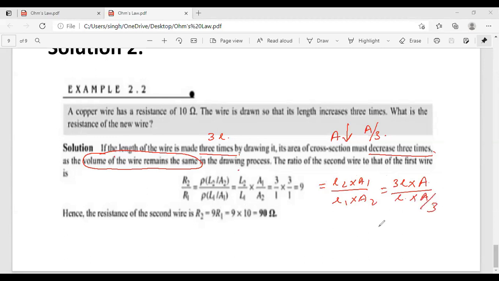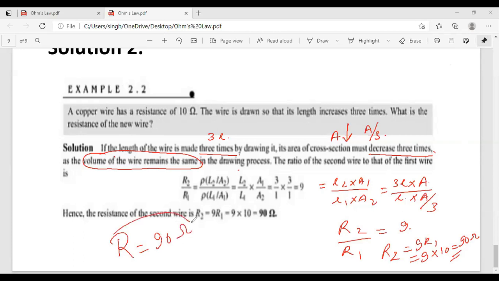So this 3 will go and multiply here, so it is 9 in terms of R2 by R1. So this is 9R1, 9 into 10, which is given as 90. So this is 90 ohms. Your answer is that the resistance is 90 ohms for the new case.